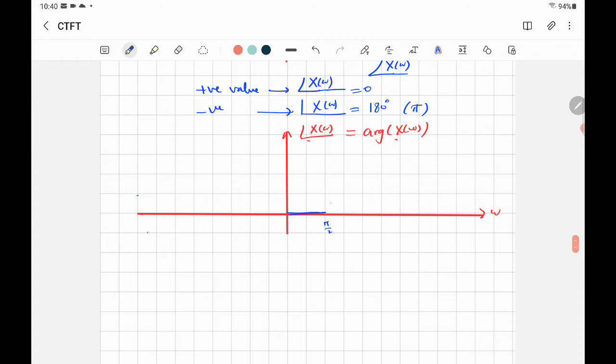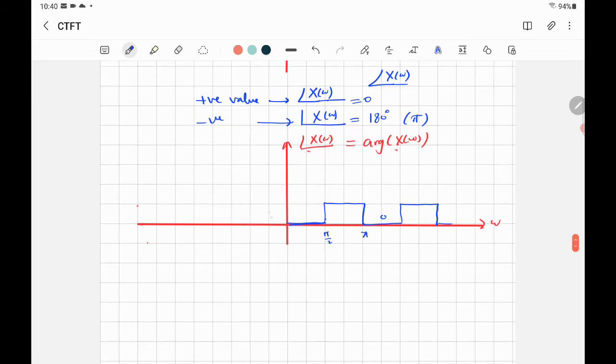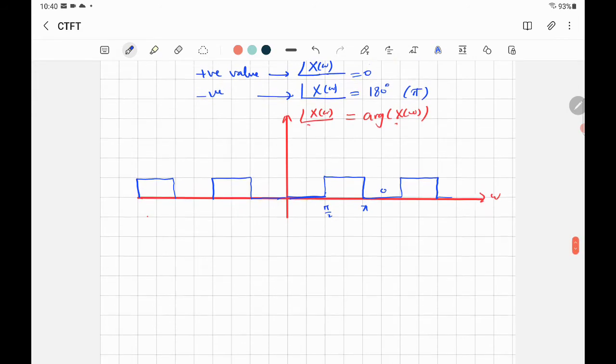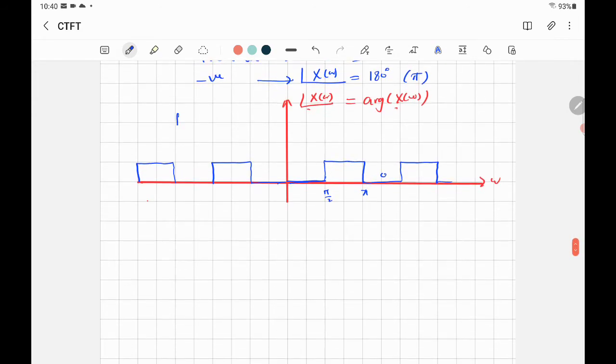So you can make it like that. That's pi. And then this one will be 0, again pi. So you can do it like that. It will be symmetric on the other side also. So that will be the phase, that's called the phase spectrum. Let me just write, this is the value pi, and this is 0. Phase spectrum.